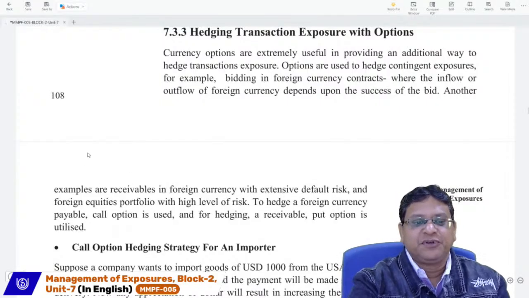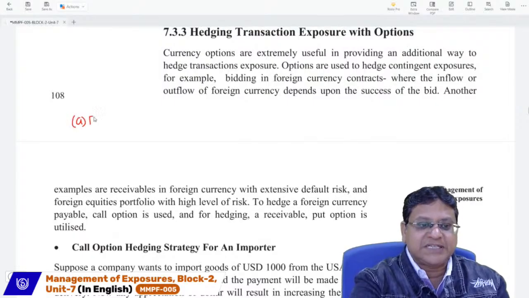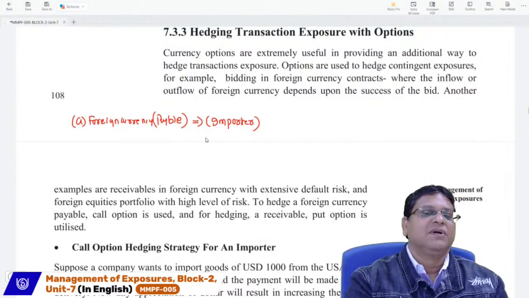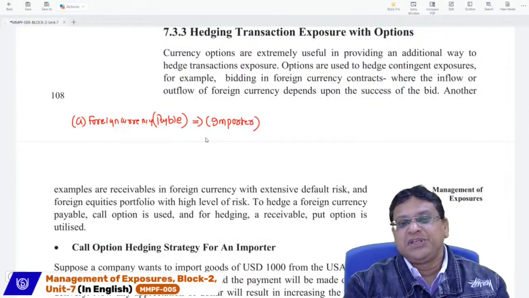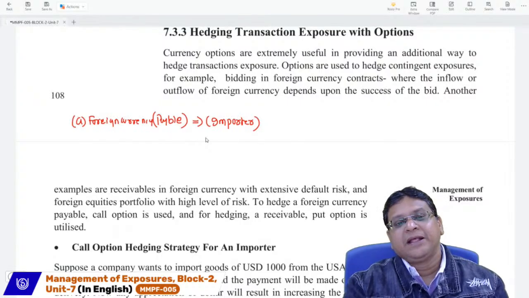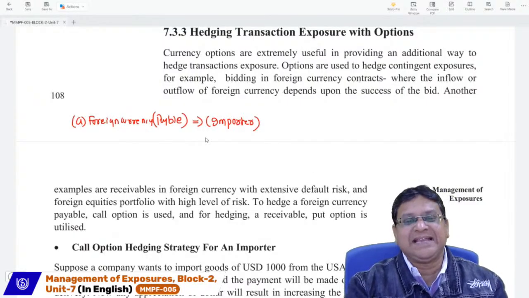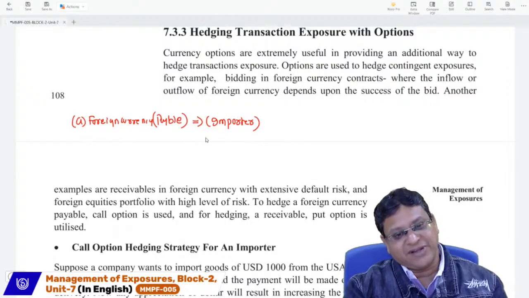First, if you have foreign currency payable, you have to pay foreign currency. That means you are an importer. In that case, what will you do? You always want to pay foreign currency in future. You are concerned regarding rising price of foreign currency.